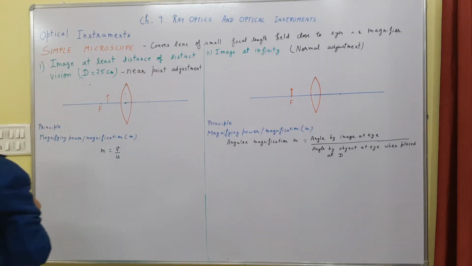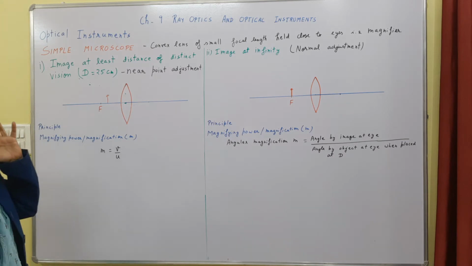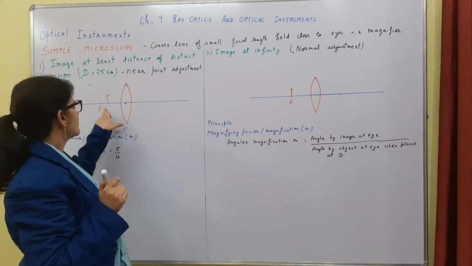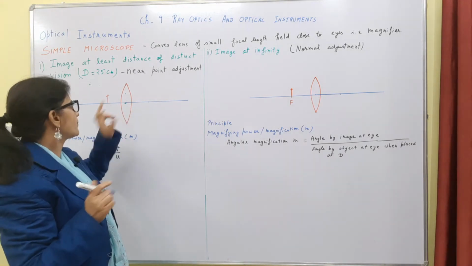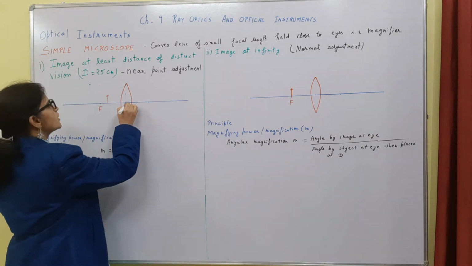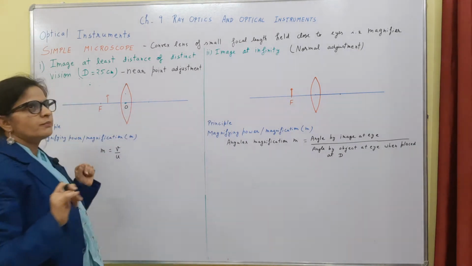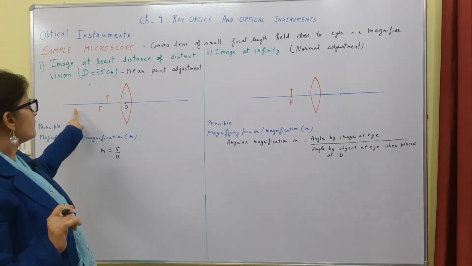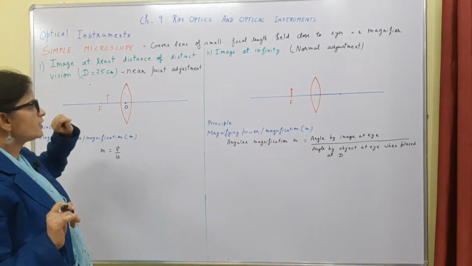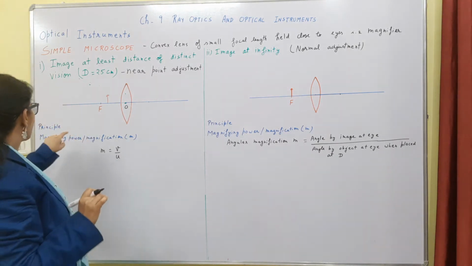Now in this case, we have to consider that the object is placed between the focus and the optical center, right? So what will be the position of the image? The image will be formed on the same side, and it will be virtual and magnified. So what is the principle?